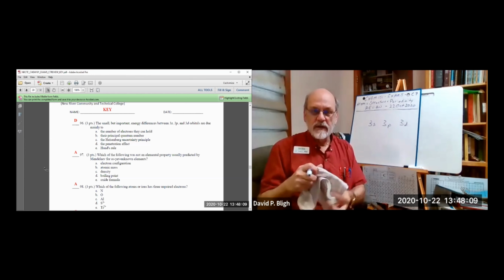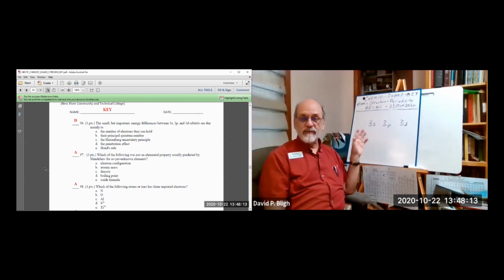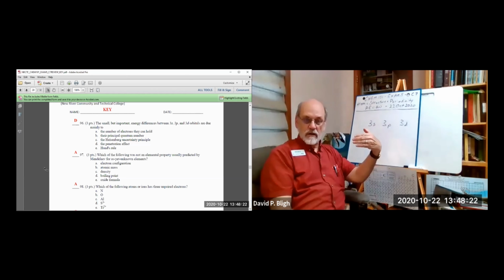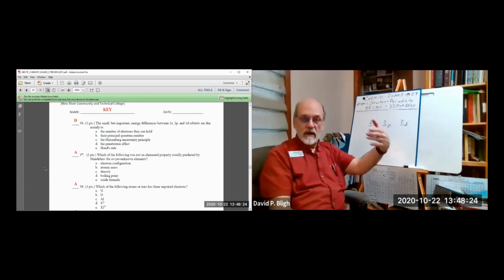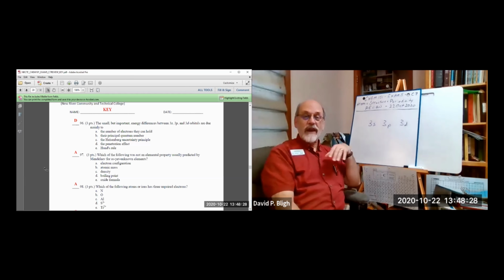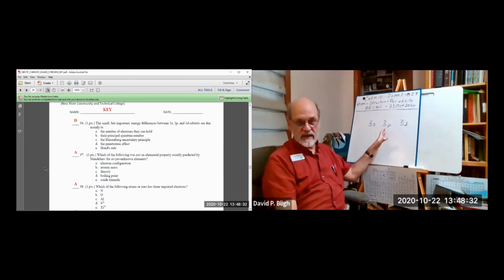And as it turns out, the principal difference between these three is the penetration effect, because the penetration effect allows electron density to reside, at least for part of the time, closer to the nucleus. And so on average, the energy level for S is lower than it is for P, because S penetrates closer.